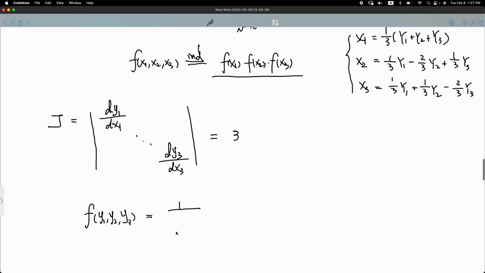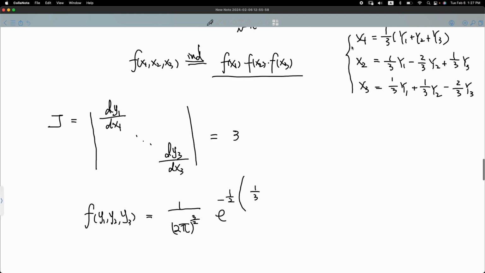And you will have something like 2 pi to the 3/2, e raised to the power of 1/2, and then a very long form here.